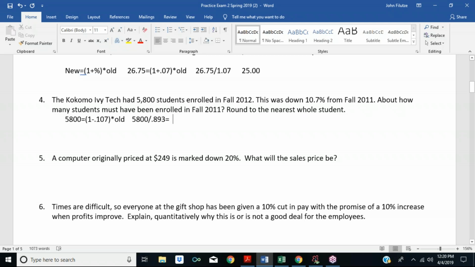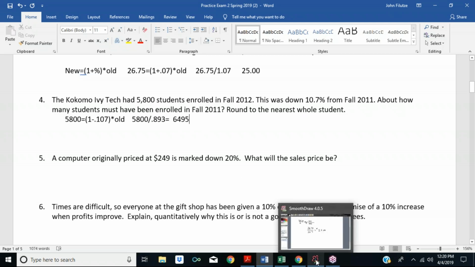So your answer should be more than 5,800. And I think in this case, 64.95 or 64.96. Let's see. So 64.95, yeah. Okay. So that's one way to do it.